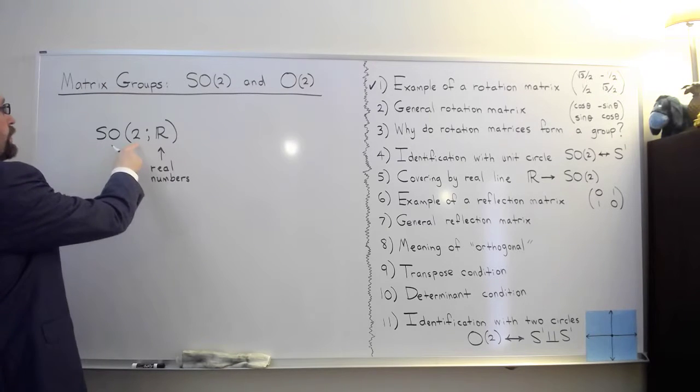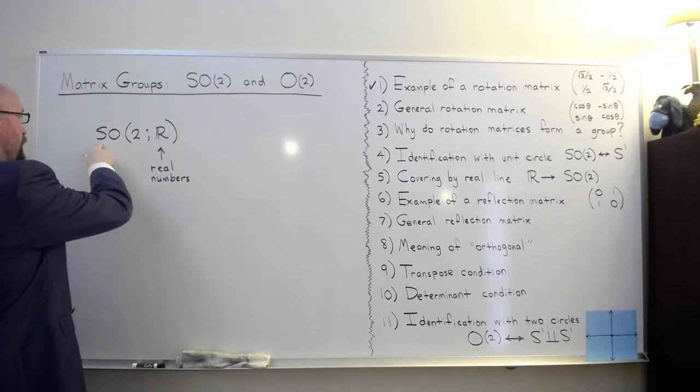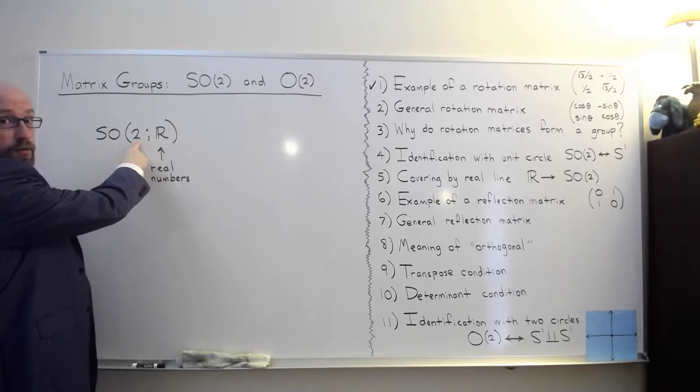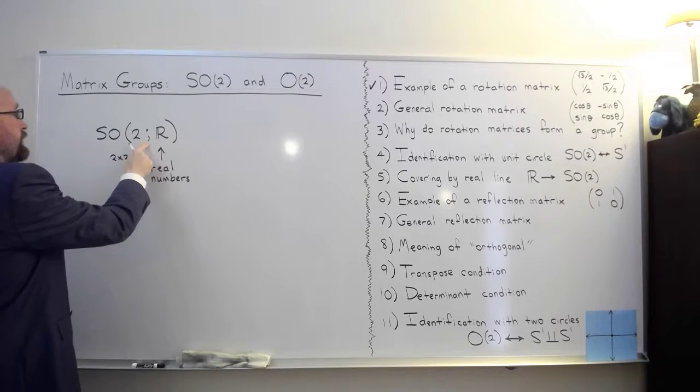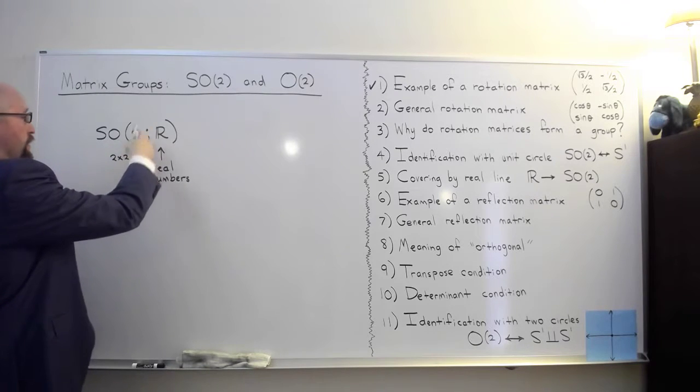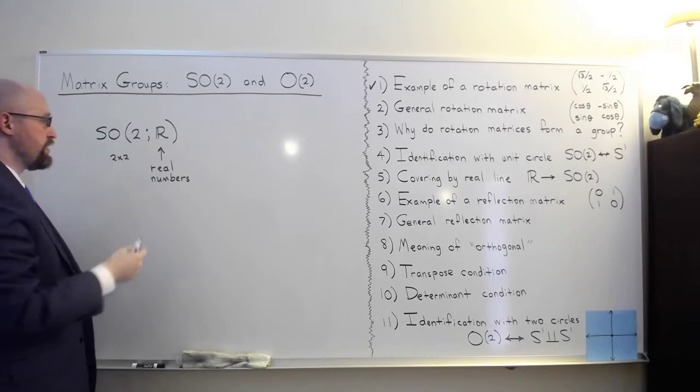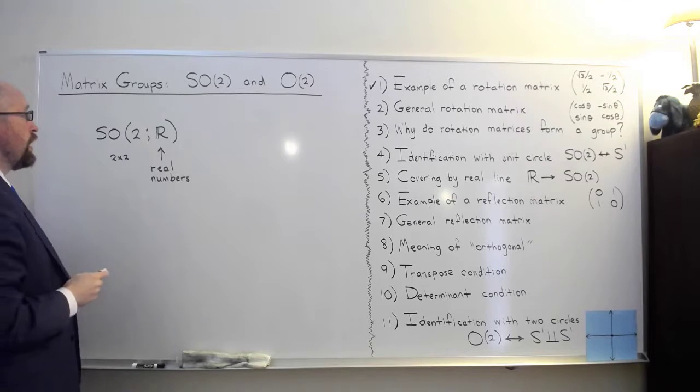Now, what this notation means, this just means special orthogonal, and then that it's the second one, so it's 2 by 2 matrices. And then the semicolon is just a way of separating this information from this information, and then the fancy-looking R here just means for the real numbers.